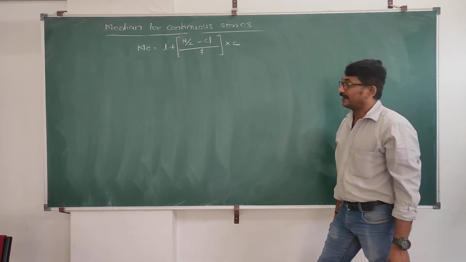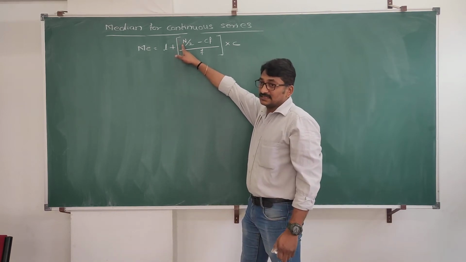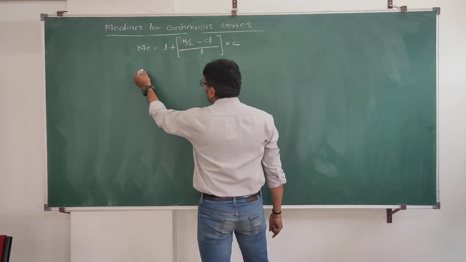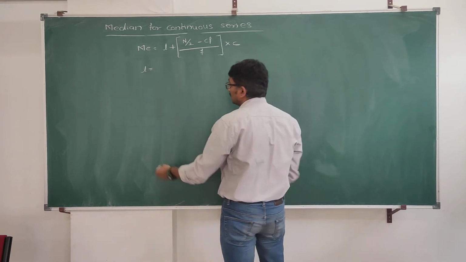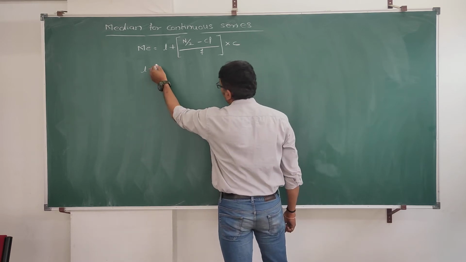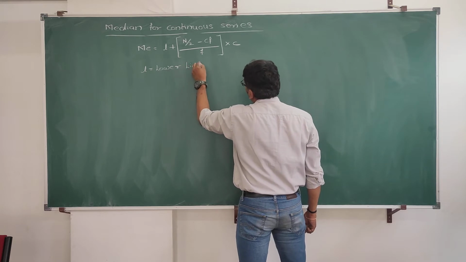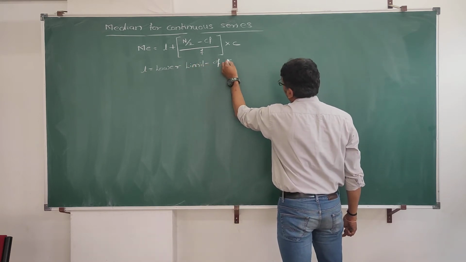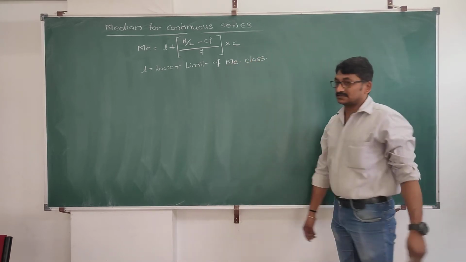Okay. Now I will explain. All of you know it is N. N is nothing but total of frequency. Here L is equal to lower limit of median class.